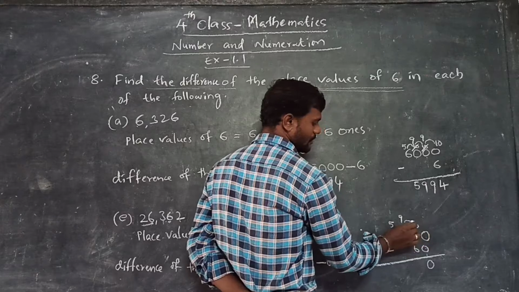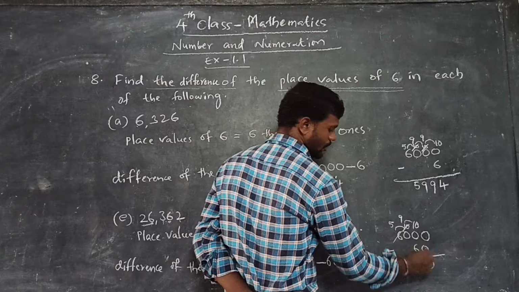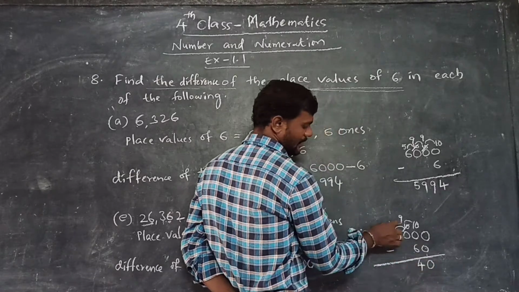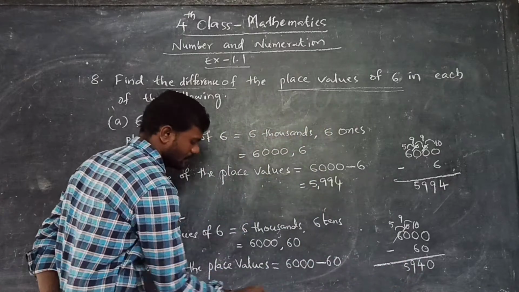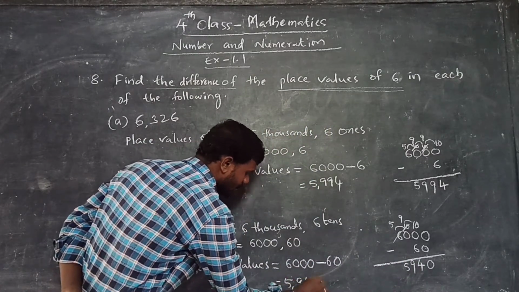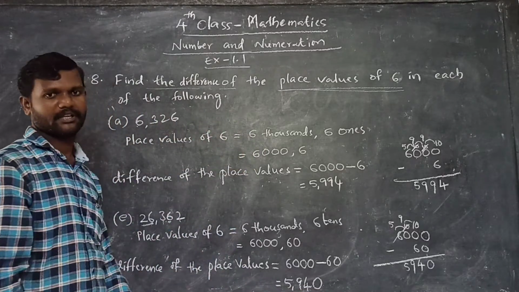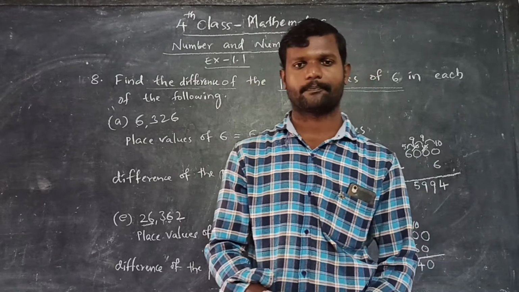Now it is 10. 10 minus 6, how much? 4, and 9 remains, 5 remains. So what did we get? 5940. Okay, 5940. That is the difference of the place values of 6.